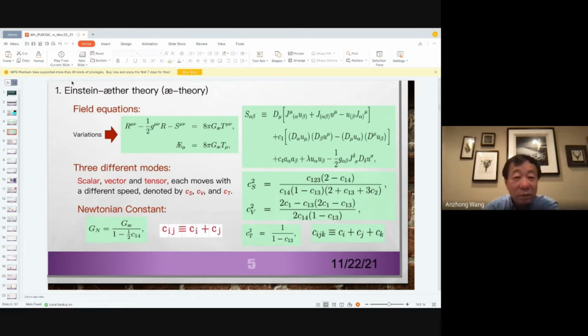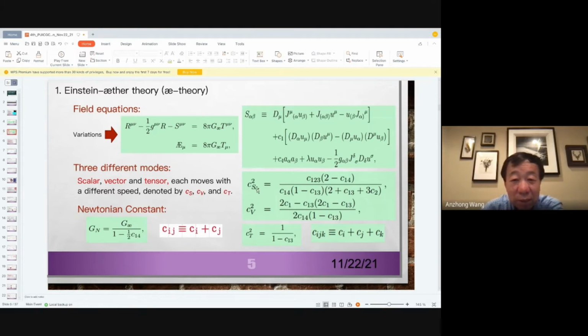When we vary the action with respect to the metric and the ether vector field, we can get these equations. Like what I said, we have three different modes, and each of them moves in principle with a different velocity.